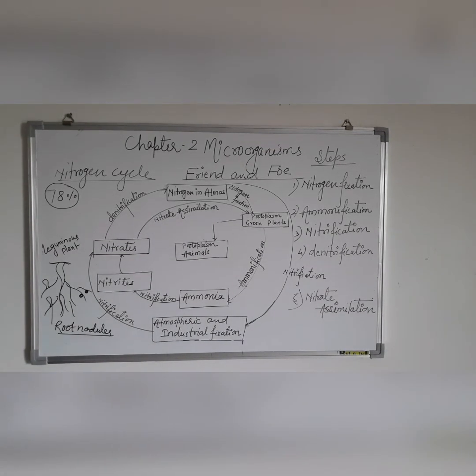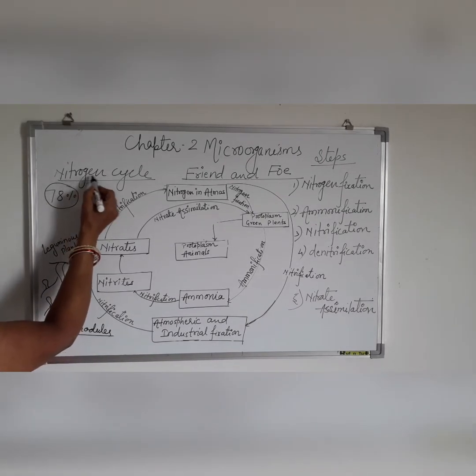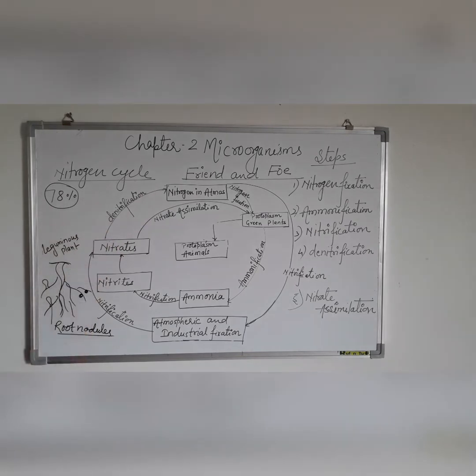One more thing I want to tell you children, what is the meaning of nitrogen cycle? First we should know what a cycle is. Anything that repeats again and again is called a cycle.